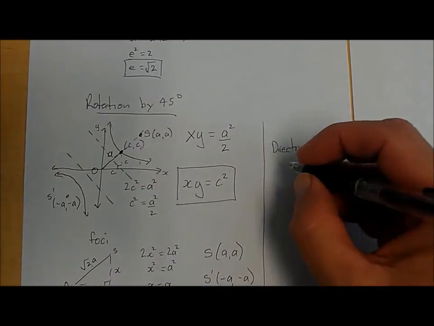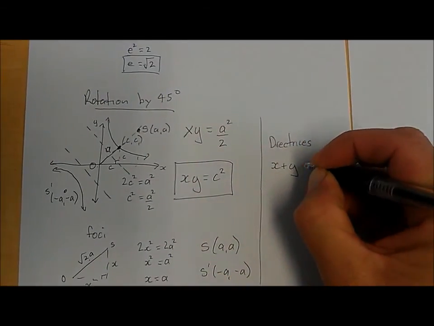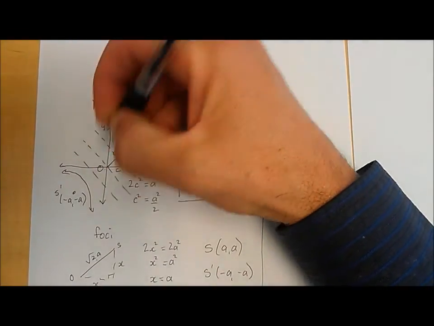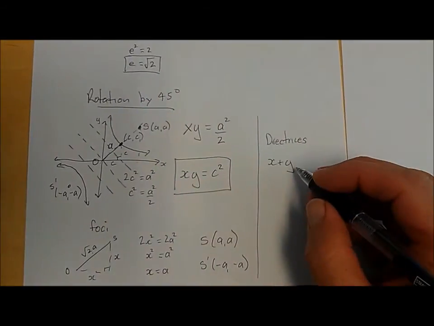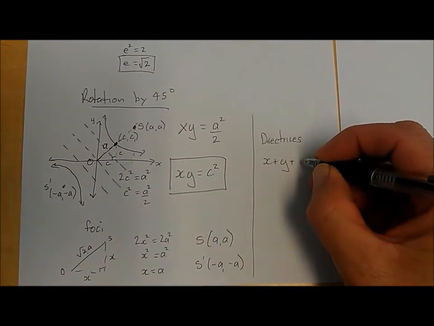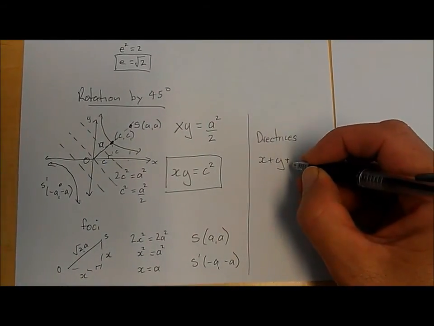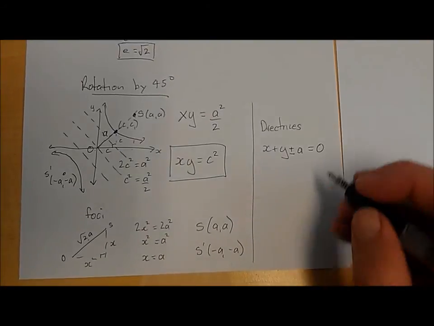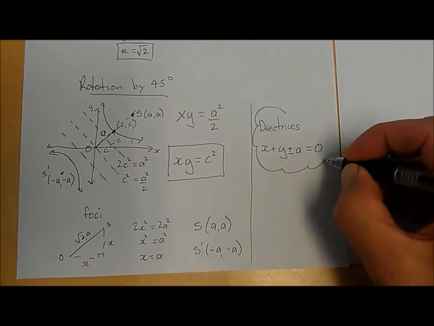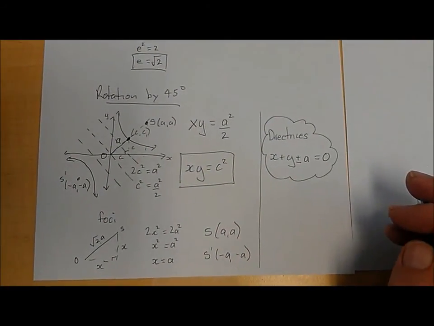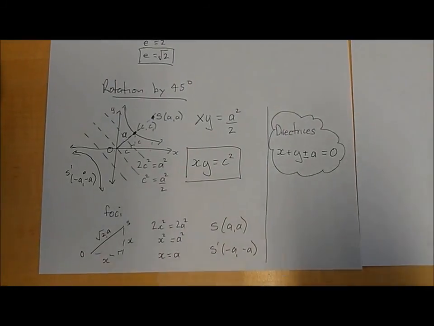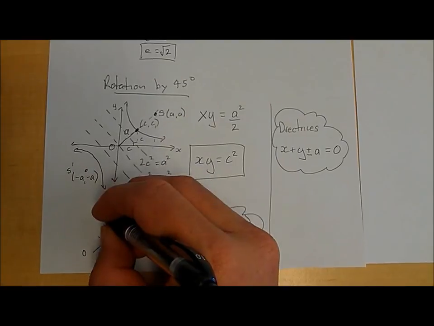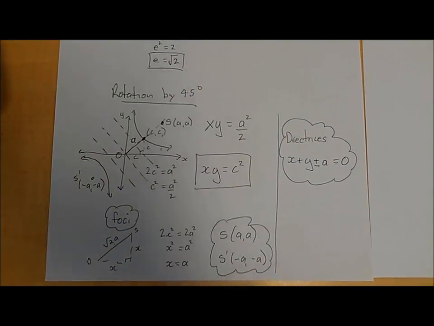We actually know they're in the form x plus y plus k because they're parallel to the line y equals negative x, and that k turns out to be x plus y plus or minus a equals 0, and that's the equation of the directrices. So that's a recap of the essential points from this morning that you need to remember and recall.